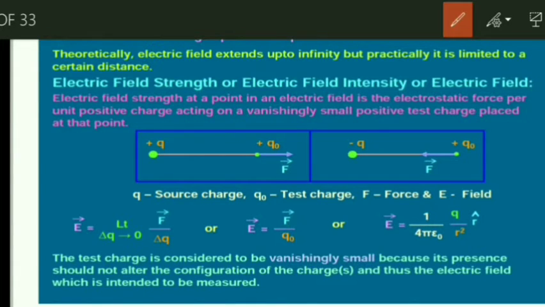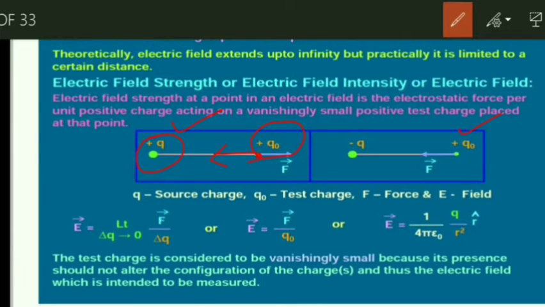So in this case, when there was a positive charge and we keep moving the test charge q naught toward it, then at a point in the field of this charge it will experience repulsion. So we can easily confirm that the charge creating the field is a positive charge.